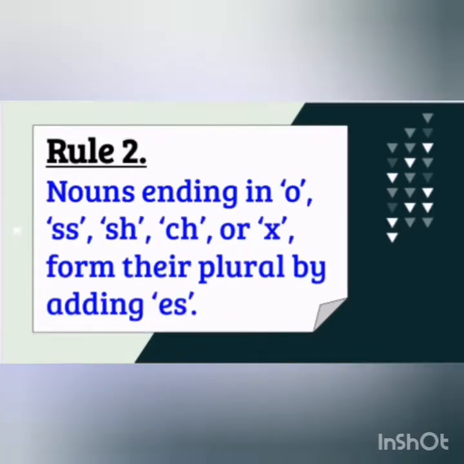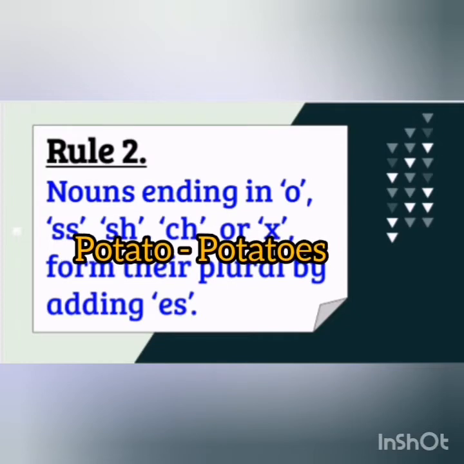Now the second rule says that nouns ending in o, ss, sh, ch or x form their plural by adding es. Any noun, for example potato. This word ends with which letter? It is o.